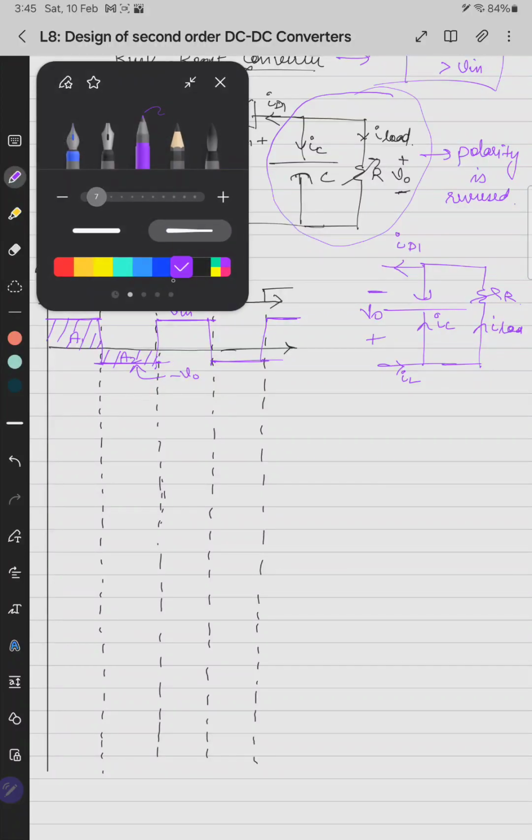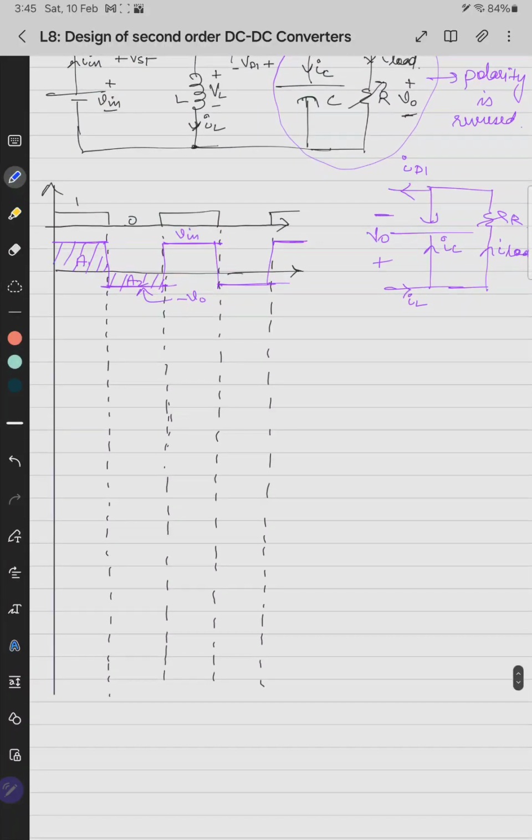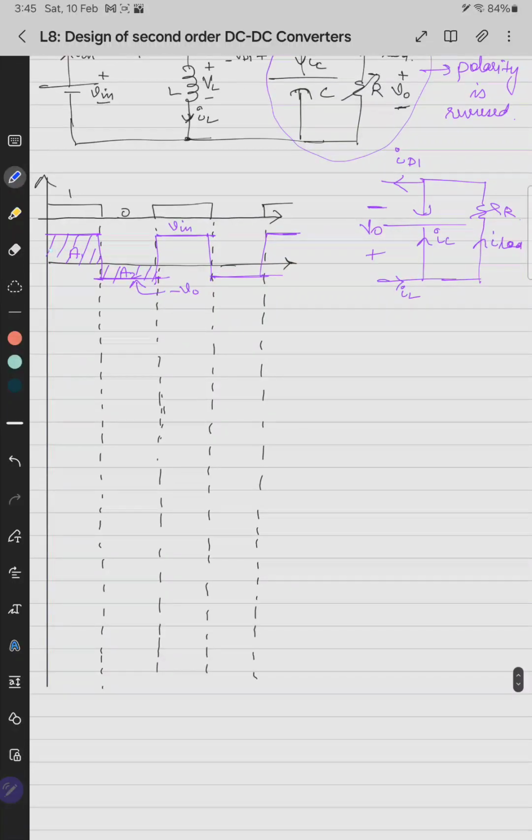Okay, let's draw the current through the inductor. Again it will be rising, falling. This is IL max.